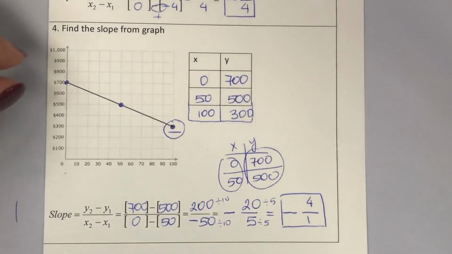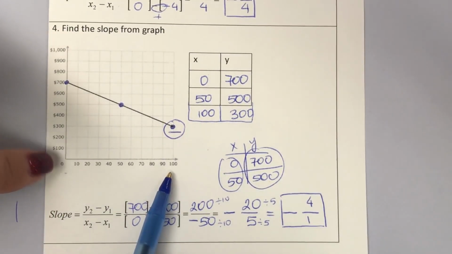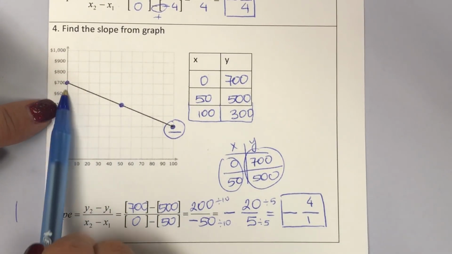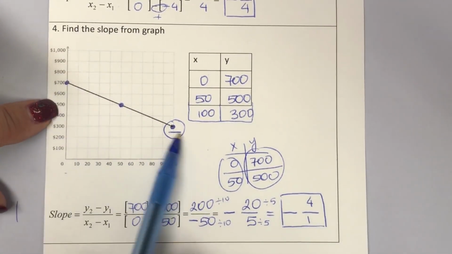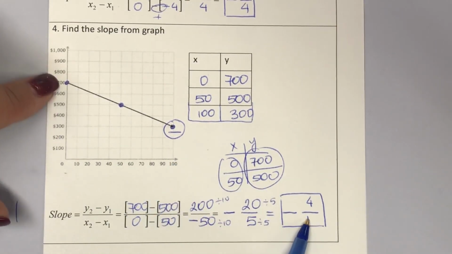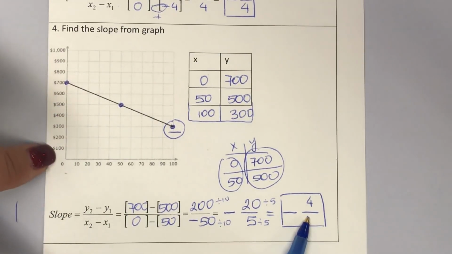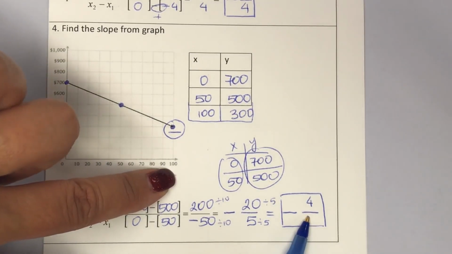So this is when I was saying how the different scales affect your steepness by counting. So this is negative direction. The only thing that we can see here clearly is negative. But 4 over 1 is not visible in this particular situation because the scale on the y-axis was going by 100 and the scale on the x-axis was going by 10.